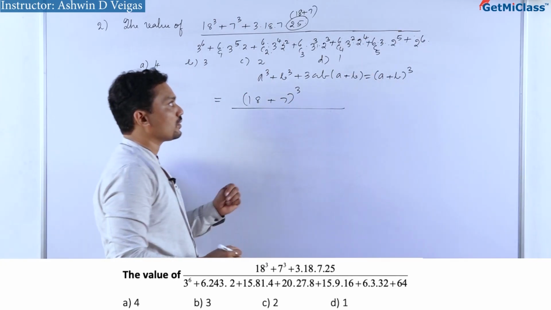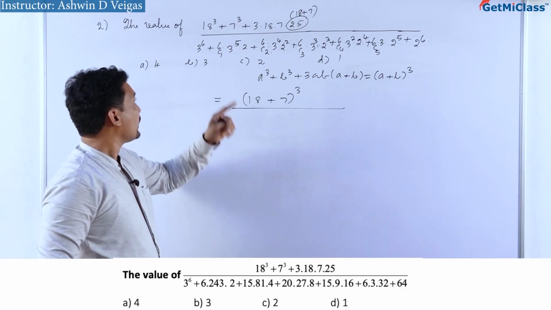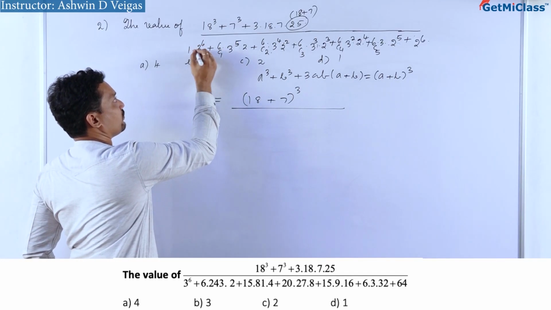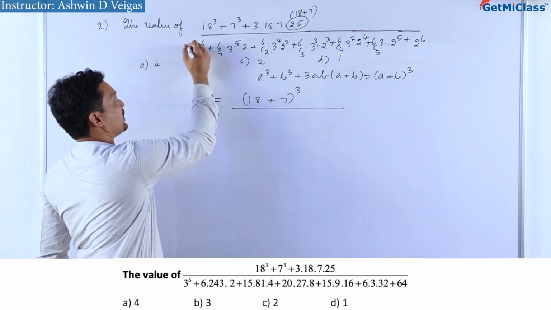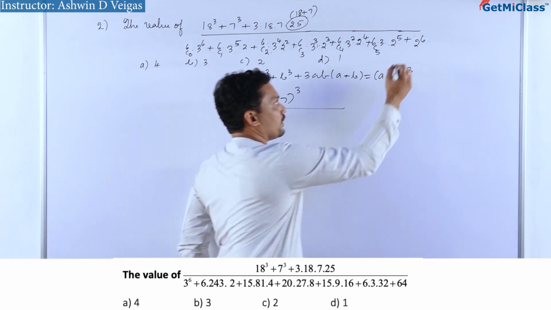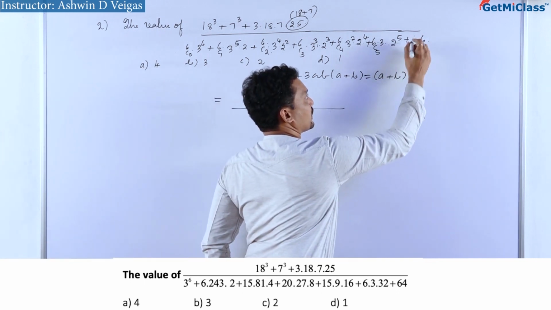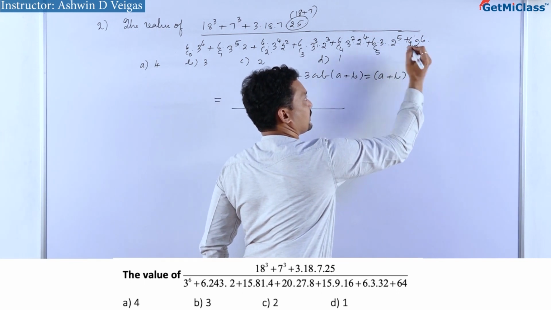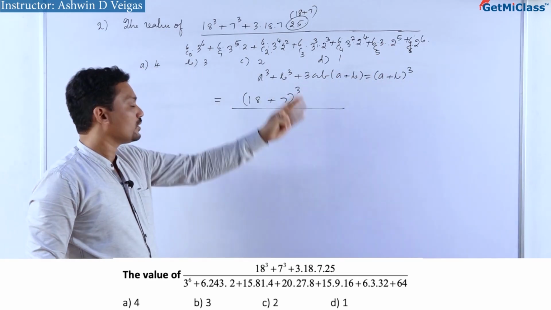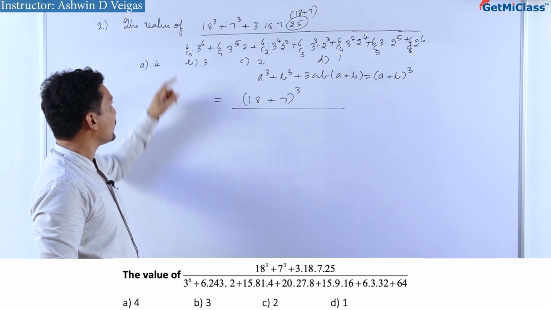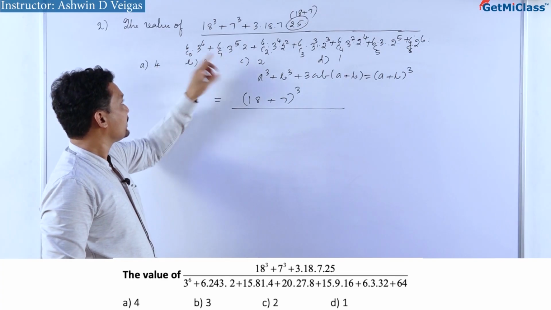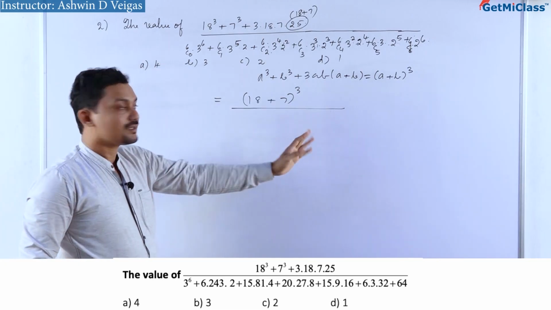Why I wrote all these things is, if you look at the first term 3 power 6, this is actually 1 into 3 power 6, this 1 can be written as 6c0 and 1 in the last term can be written as 6c6. Now, if you see carefully students, this follows the binomial theorem.